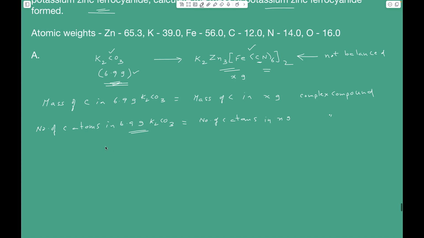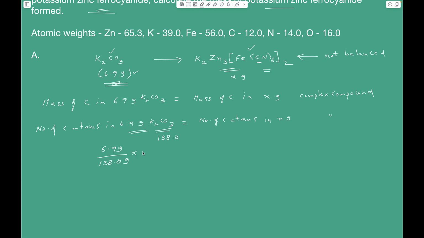If you divide the given mass with the formula weight of this compound expressed in grams, you will get the number of moles of that compound. The formula weight of potassium carbonate is approximately 138, and you know how to figure that out. So if you divide it with 138.0 grams, you would get the number of moles of potassium carbonate.